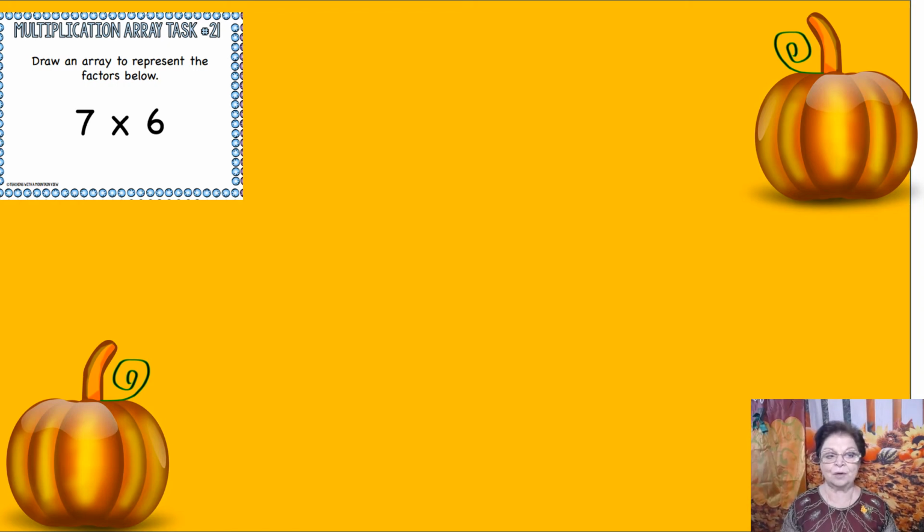When you find them, you can go ahead and start drawing your array of 7 rows and 6 columns if you'd like.